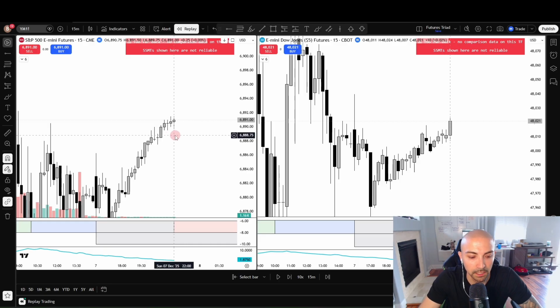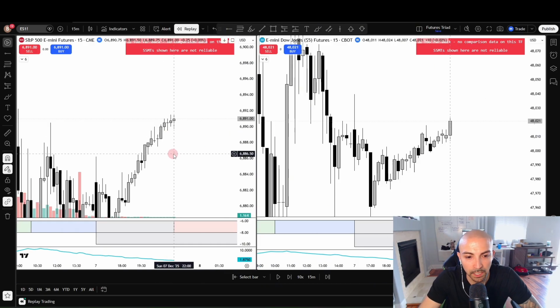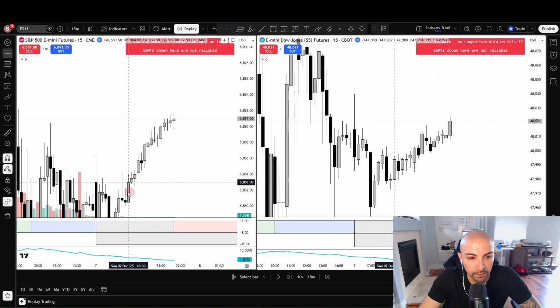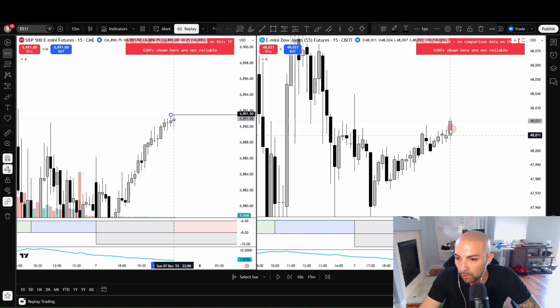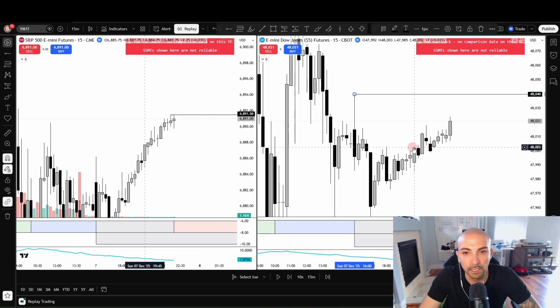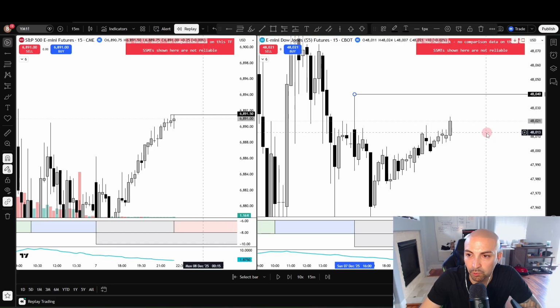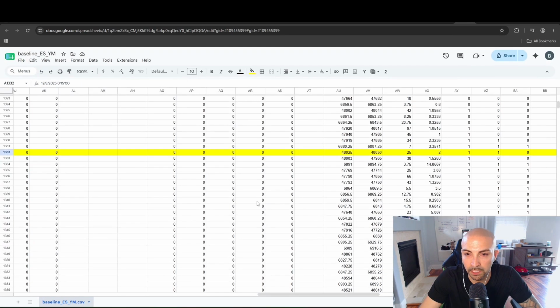And it is on the 15-minute. As you can see, the previous quarter high is right here on ES, whereas on YM it can be right here. This is considered asymmetrical, and this is actually going to be in the baseline results when we go through the PowerPoint. The data shows our entry at 48,025 on YM.